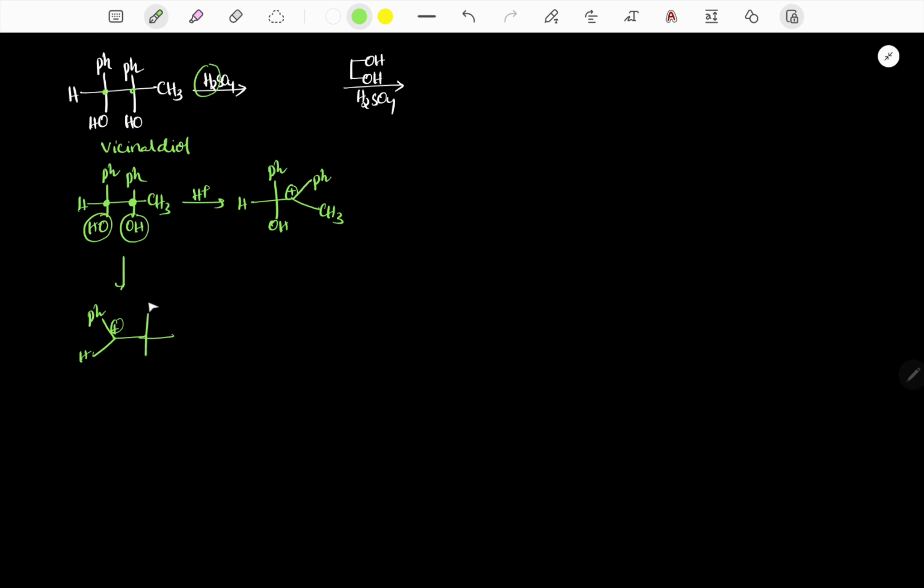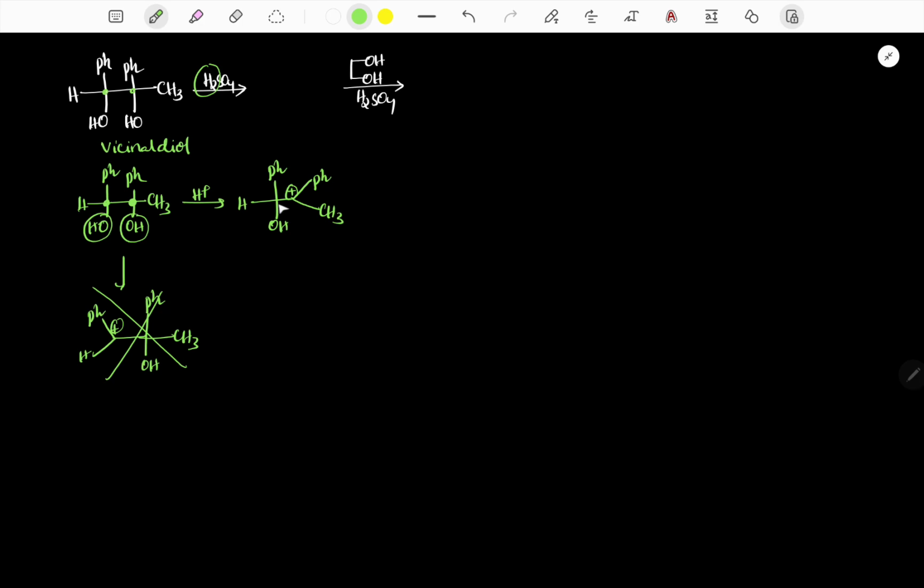By losing water molecules, we can form two carbocations. Among the two carbocations, the stable carbocation will form, because of more hyperconjugation. The other is unstable, so it does not form at all.